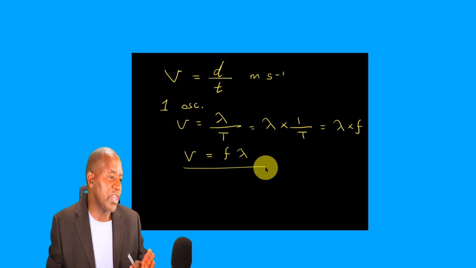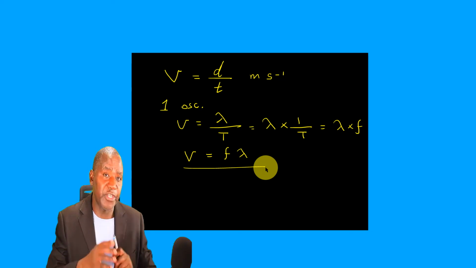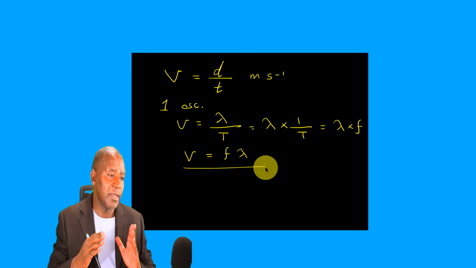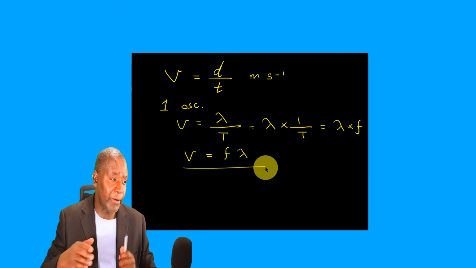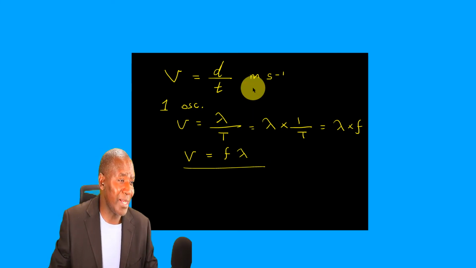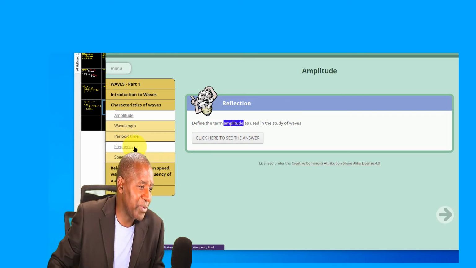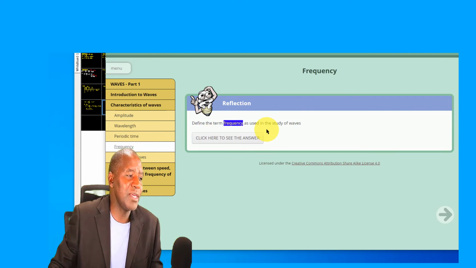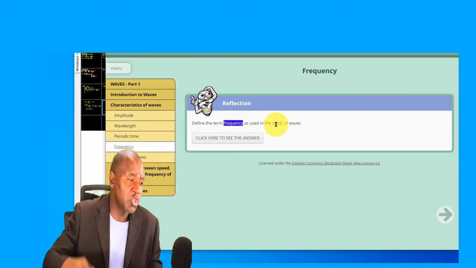And that is the point that I wanted to stop at in this particular video, where we are looking at the introduction parts to waves. Now let's do one simple calculation so as to see whether we have understood this concept or not. Once you get this, you can reflect on what we learned.